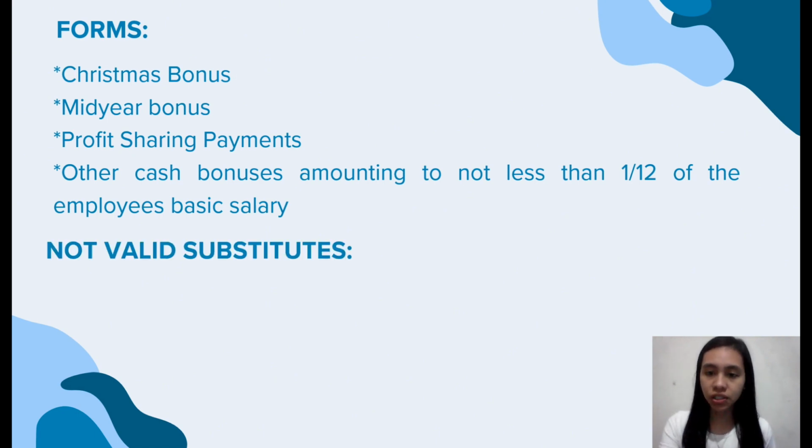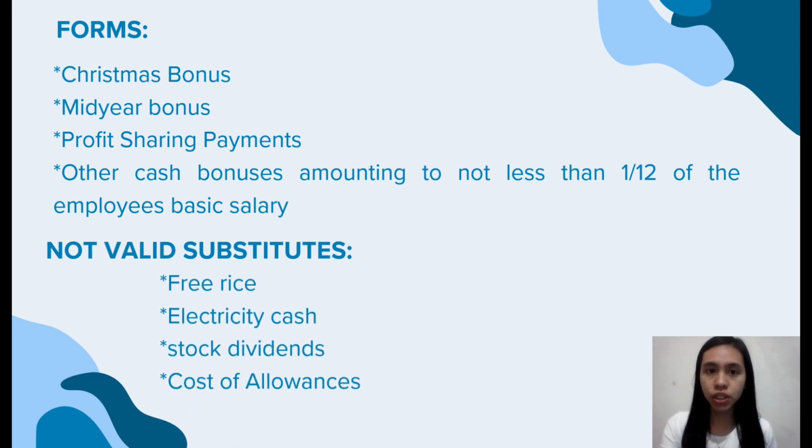According also to Section 2 of Presidential Decree number 851, basic salary shall include all remuneration or earnings paid by an employer to an employee for service rendered, but may not include cost of living allowances granted pursuant to Presidential Decree number 525 or Letter of Instruction number 174.